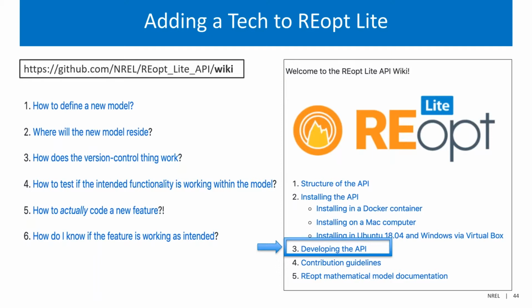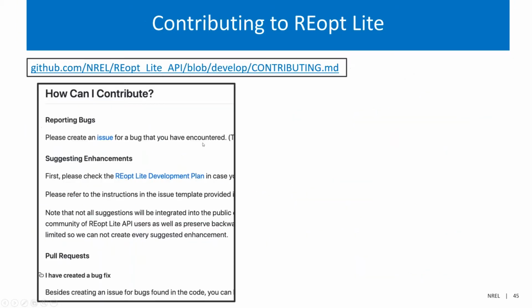But as I showed through the Python code, you actually don't have to make any significant changes to the optimization model to create a new technology. It's all been abstracted to a higher level layer that makes it really simple to create new technologies within the REopt Lite code. We also have a contributing file in the landing page.